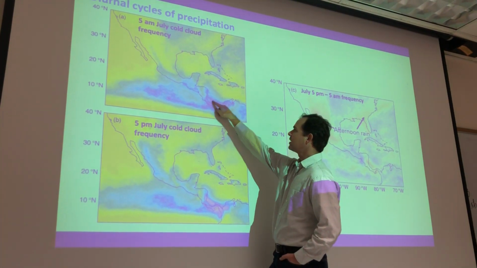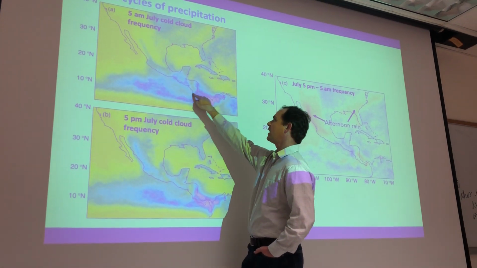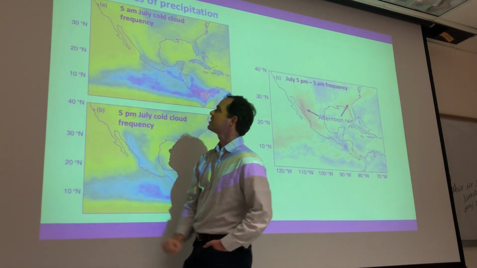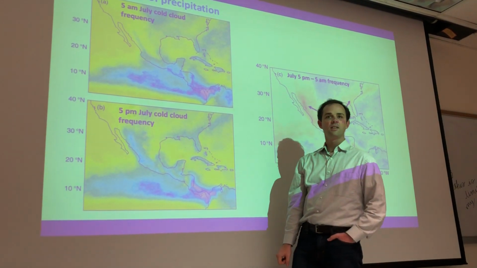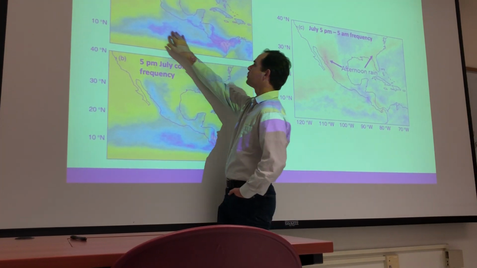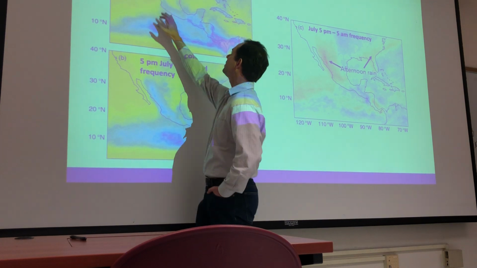And these dark purple colors indicate that you have a lot of clouds. And up here, the oranges and yellows indicate that you have not many clouds. So you can see that at 5 a.m. it looks like we have a lot of clouds down here, not a lot of clouds up here.